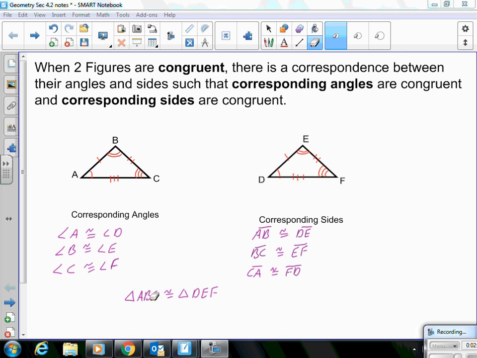If I say triangle ABC is congruent to triangle DEF, then that means that angle A is congruent to angle D. Angle B is congruent to angle E, and C is congruent to angle F. So those corresponding angles, those letters that go with those vertices, have to be in order so that they match up. So anybody that looks at that statement that says ABC is congruent to DEF knows that A matches up with D, B matches up with E, C matches up with F.